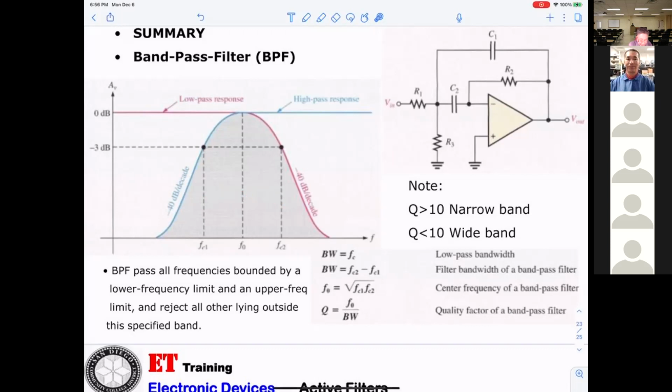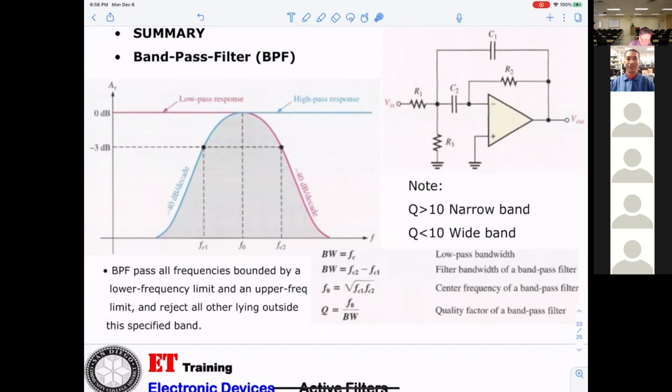And with the lower frequency limit and upper frequency limit, that's what you use to calculate the center. Right here, this is F center, calculated as the square root of FC1 times FC2.